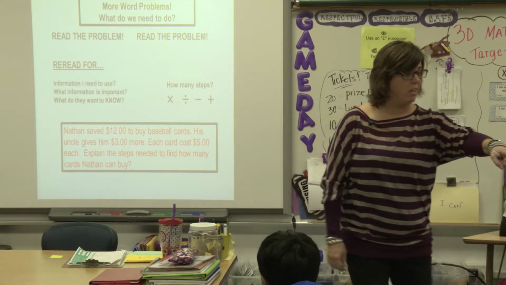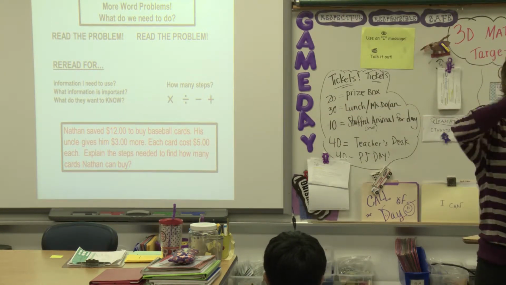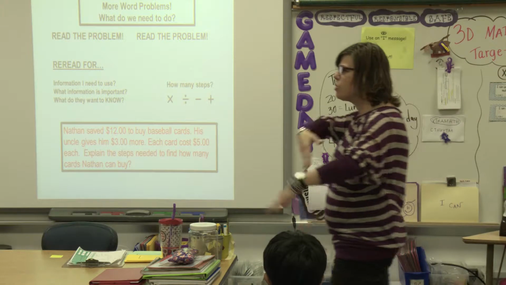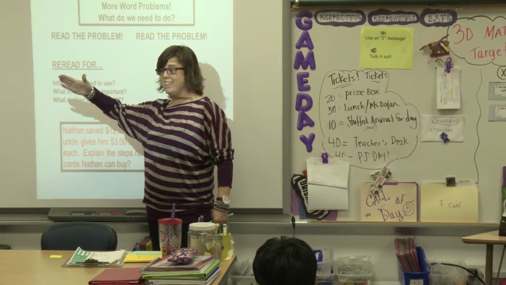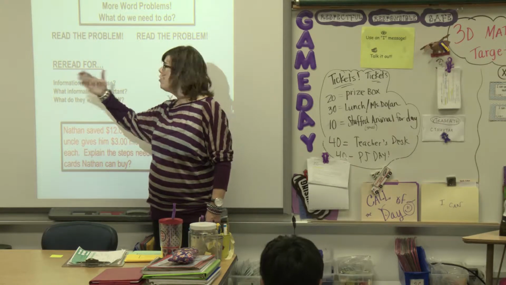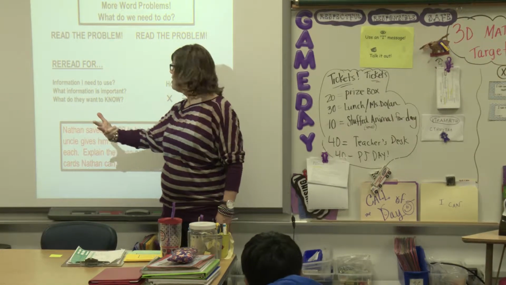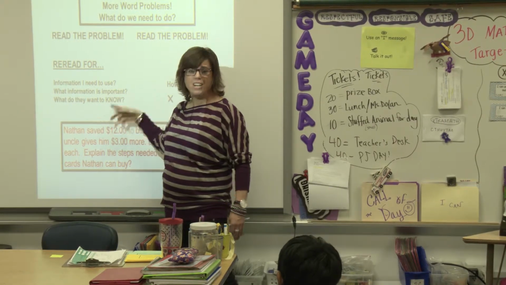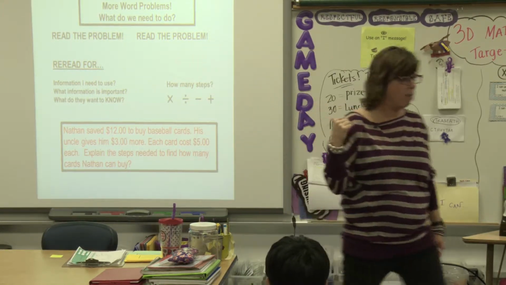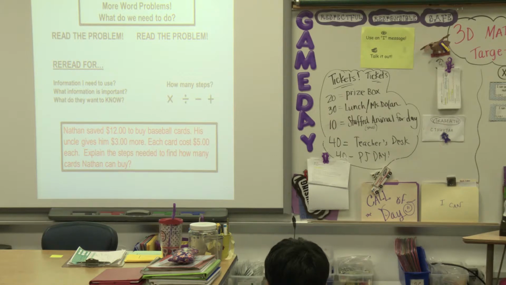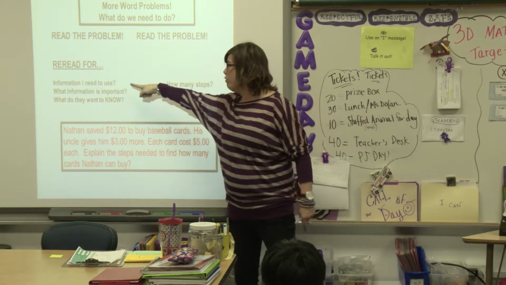So Lily said a 2-step problem has more information. So does rereading it twice make sense, Oscar? It does. So these are the things I need to look for. What's the first thing I need to look for up there, Nyla? Important words. Can you read this for me?